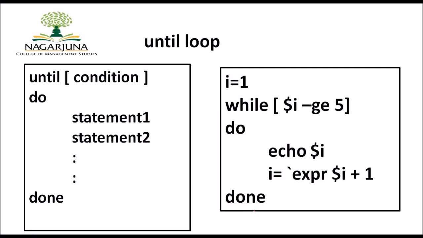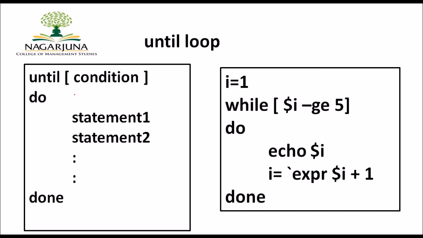But both of them are entry-level looping statements. So what is the difference that we have between while and until? In the while statement, if the given condition is true, then the statements present in do and done will be executed, and the statements will not be executed when the condition is not true.